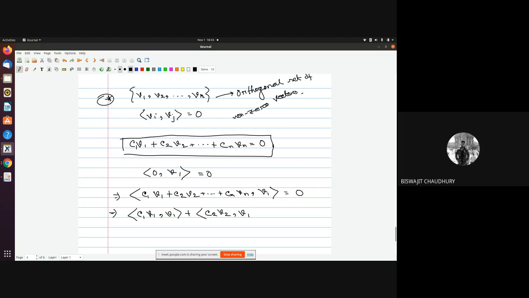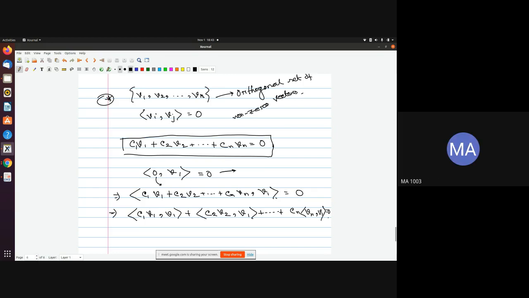So the inner product of CB and B1 is equal to C times the inner product of B and B1. C is here 0, that's why it will become 0. You are nearly in the right direction, but it needs a little bit of refinement.